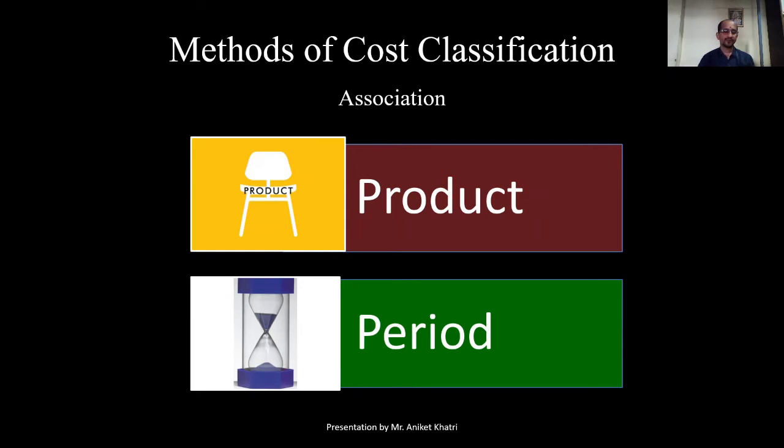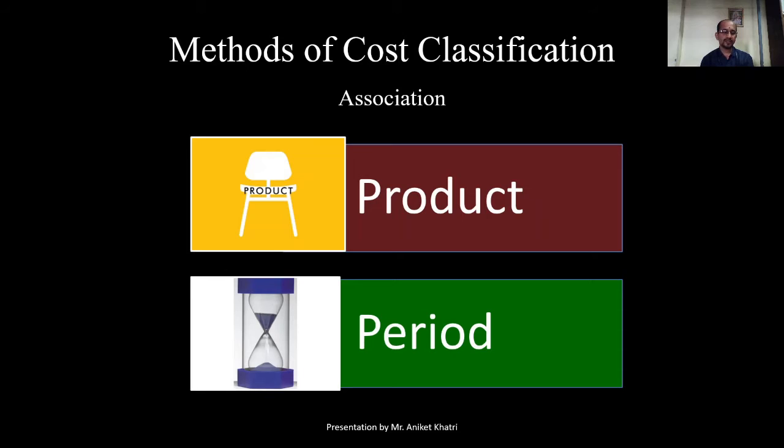Product costs are called inventoriable cost because they form a part of the value of inventories of finished goods. For example, the expenses incurred on direct material, direct labor, and factory overheads. Those overheads come under the product cost.